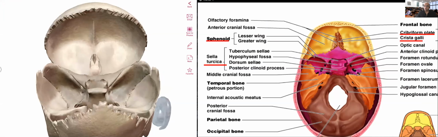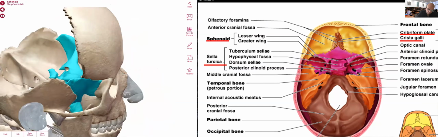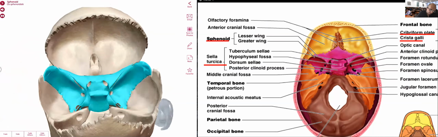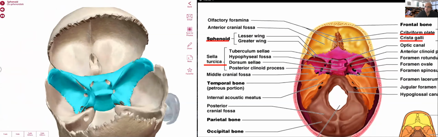Another cranial bone that we can see here. If you are moving forward, you see this is my frontal bone, and I am inside the cranial cavity. I will keep moving forward from the sphenoid bone.